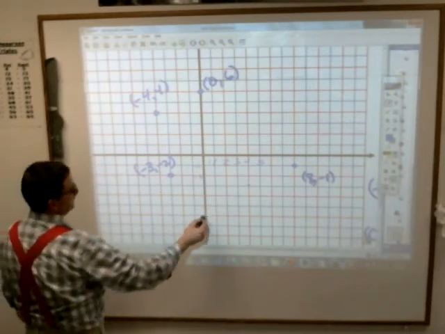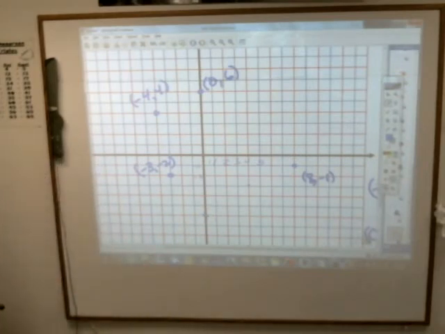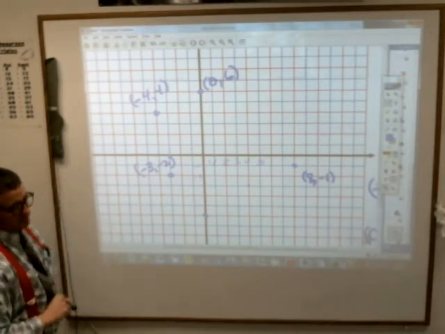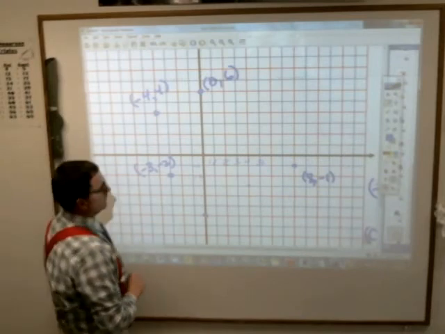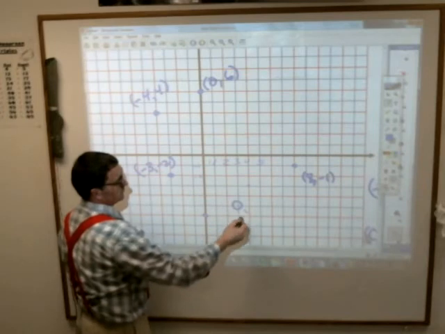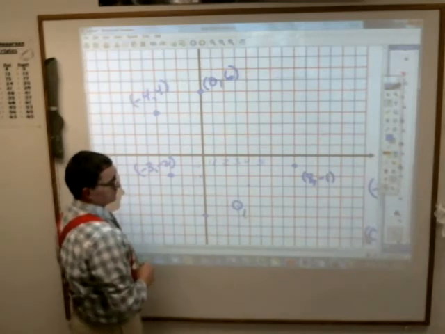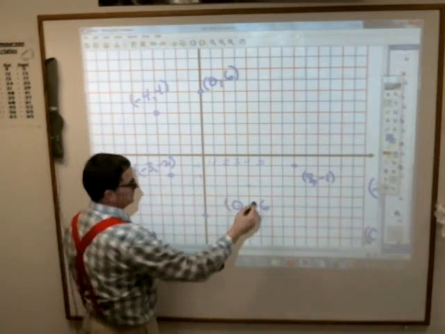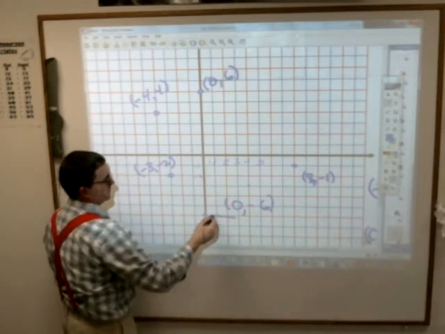How about this one? What would that point be right there? Kyle? (0, -6). Yep, -6. They give you these red lines so you can count every 2. -6.